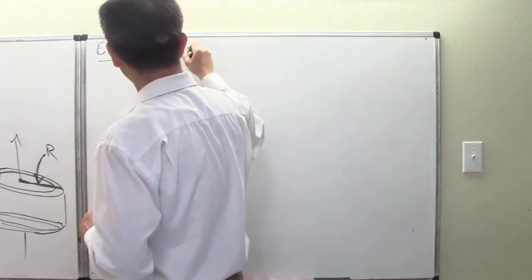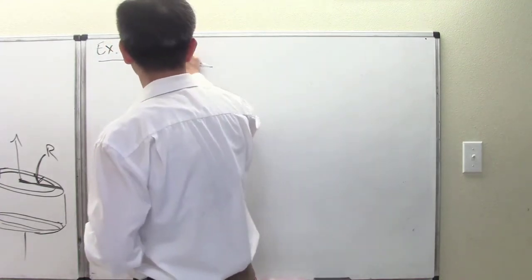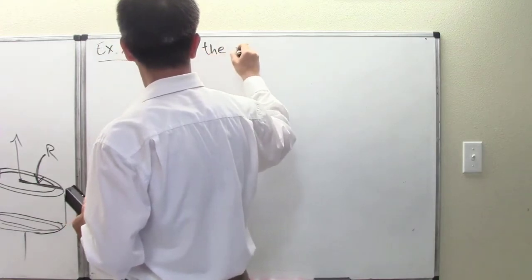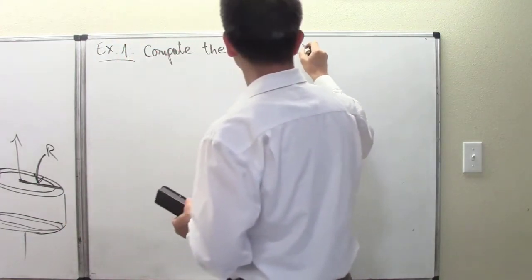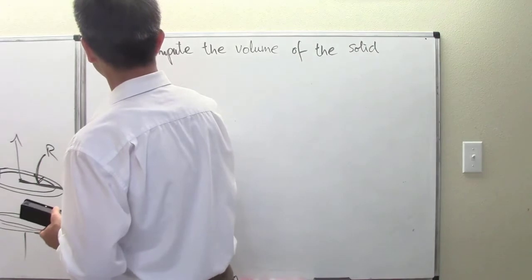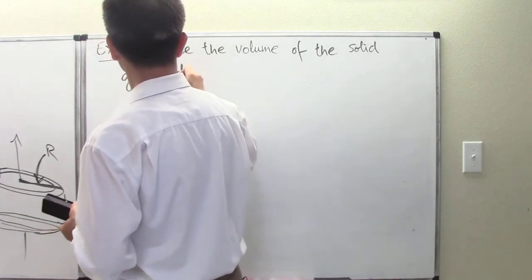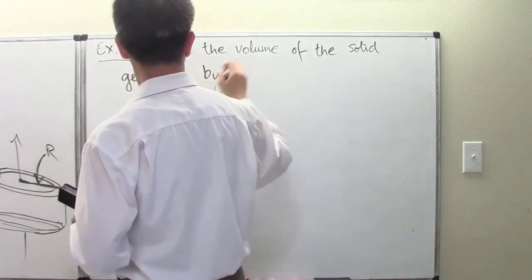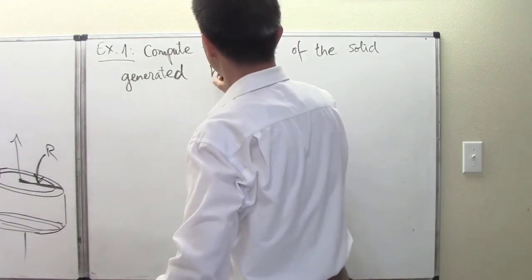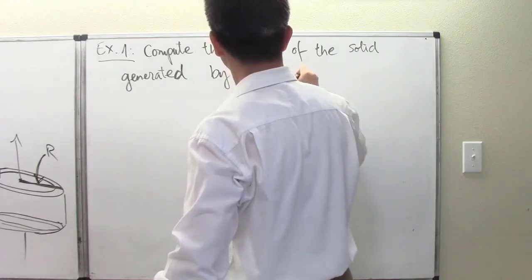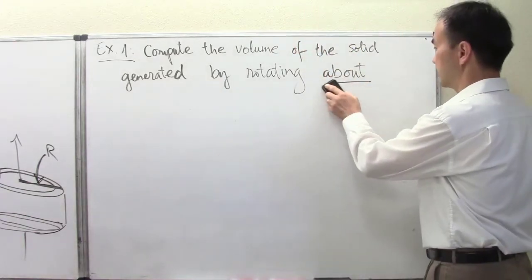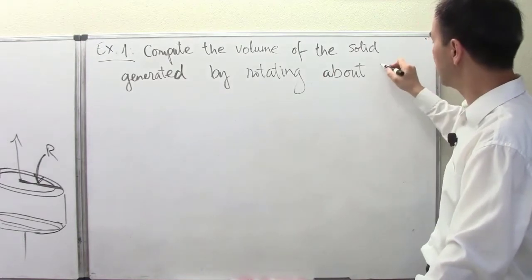We want to compute the volume of the solids generated by rotating about, and first I'm going to indicate the rotation axis: rotating about the y-axis.